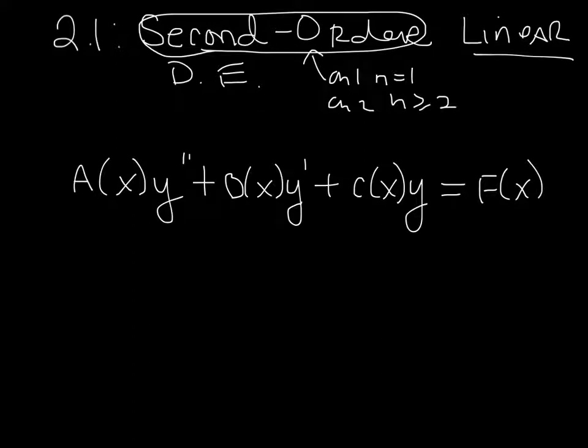And remember, the primes denote derivatives, so order 2 here, here's the first derivative, and our y is our solution to our differential equation. So this is the general form of a second order linear differential equation.